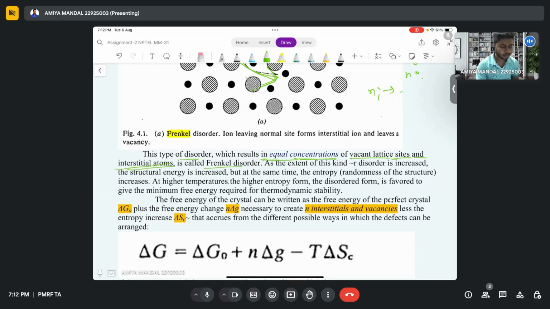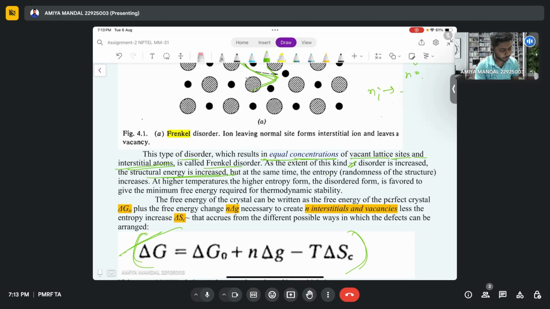We all know about this. As the extent of this disorder increases, the structural energy is also increased. That's why delta G has been considered here, with delta H. I'm not going into details here.